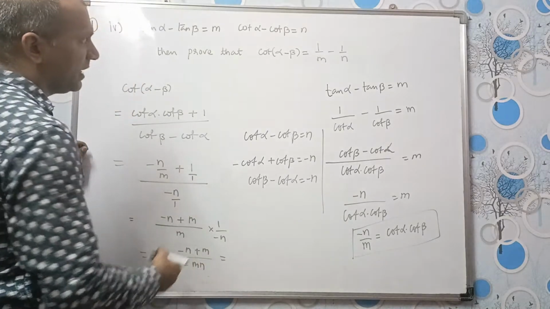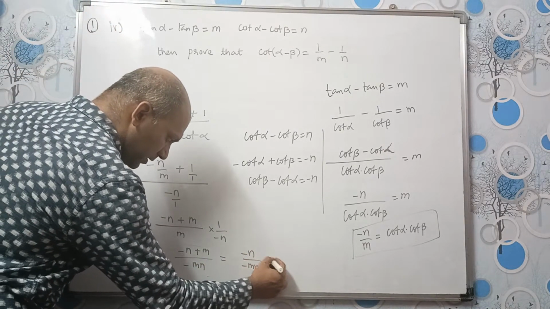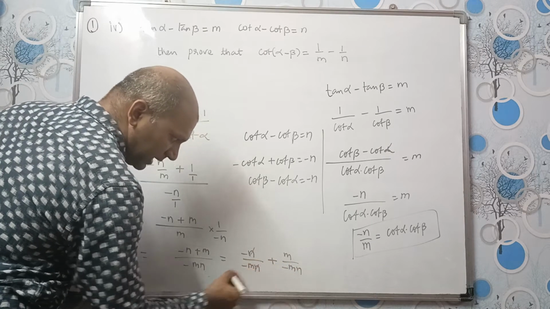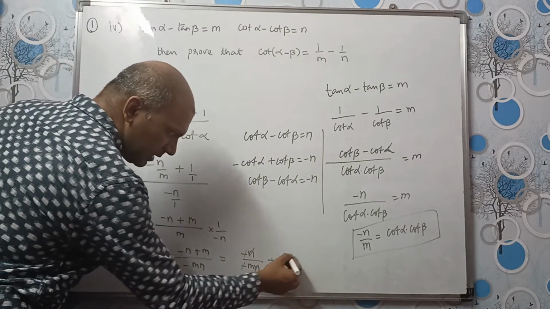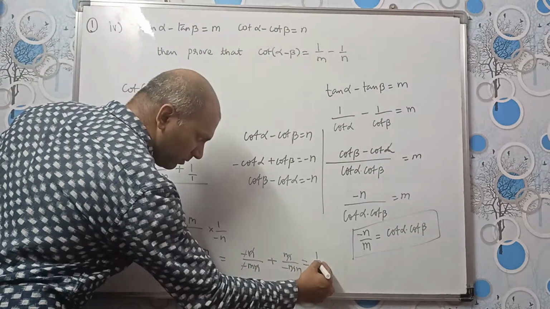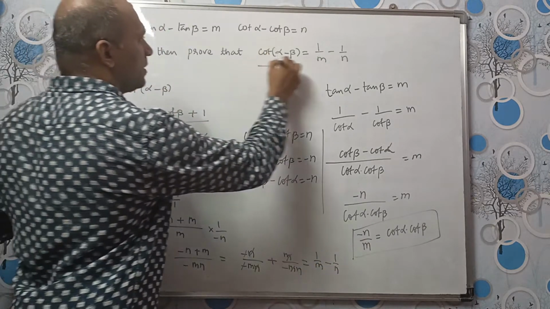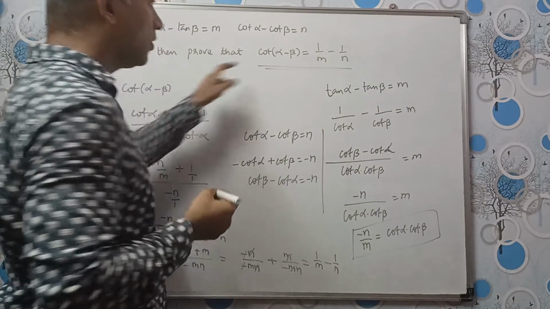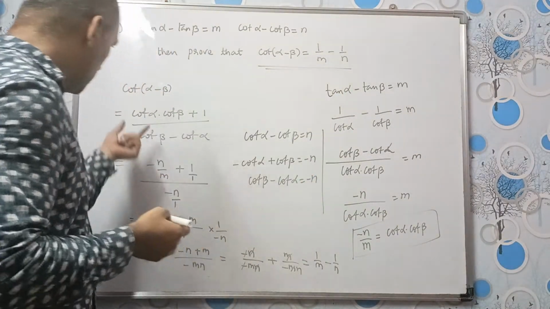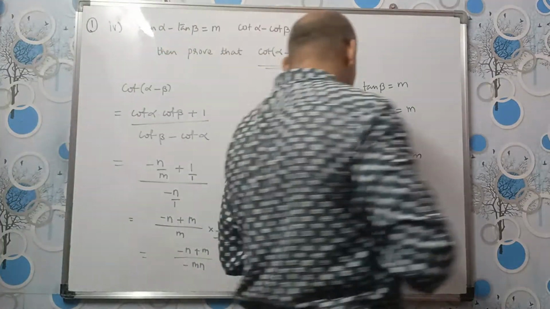Let us write it separately. This is minus n divided by minus mn plus m divided by minus mn. So n cancels, minus minus cancels, here m cancels, right? So what do we have now? We have 1 by m minus 1 by n. See, we needed to prove that cot alpha minus beta is 1 by m minus 1 by n. Cot alpha minus beta is 1 by m minus 1 by n.